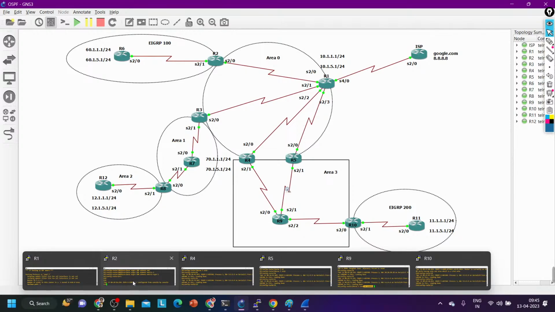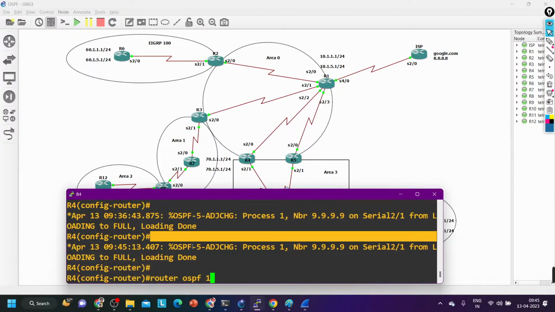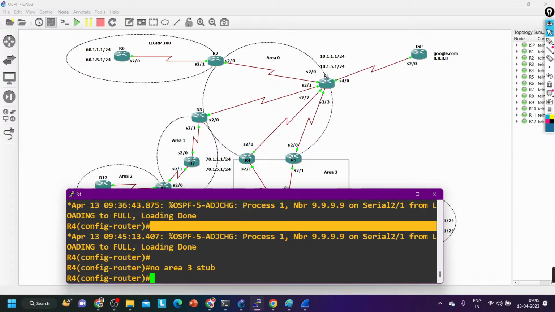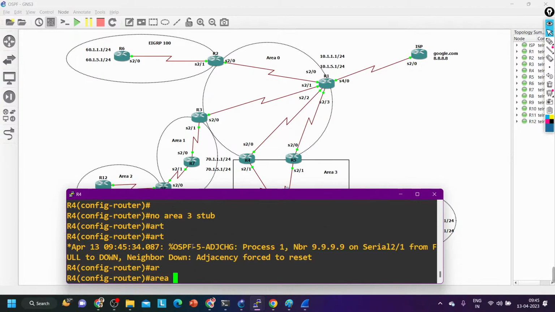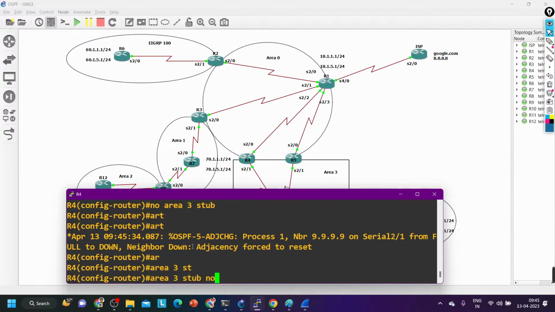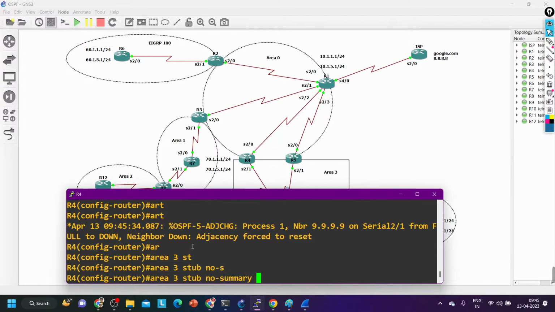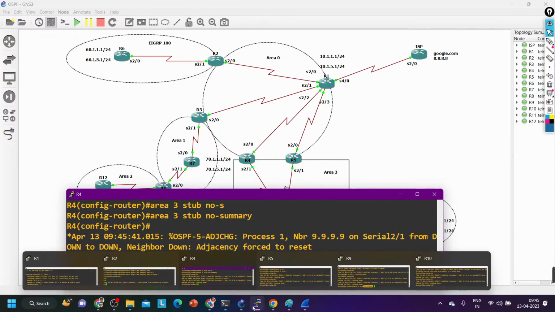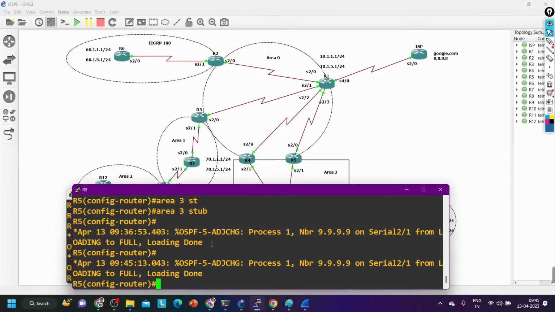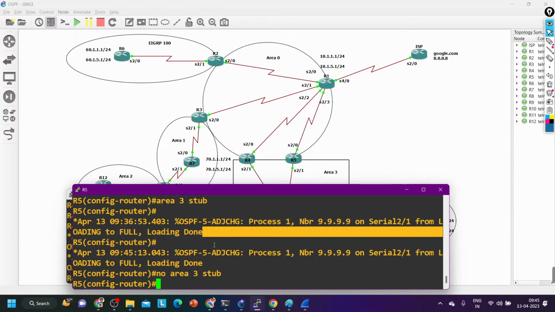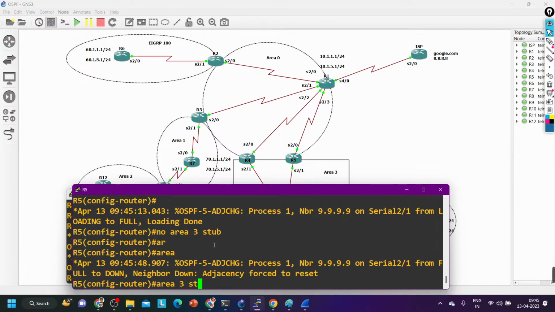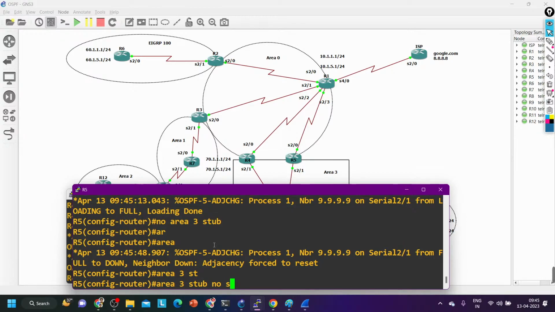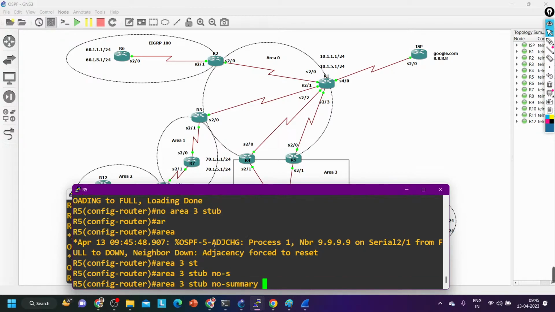Now on router number 4, first of all say no area 3 stub, and say area 3 stub and no summary. Okay. In the same way on router number 5 also, first of all let me say no area 3 stub and area 3 stub no summary.